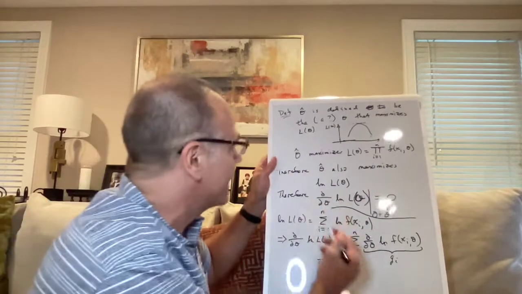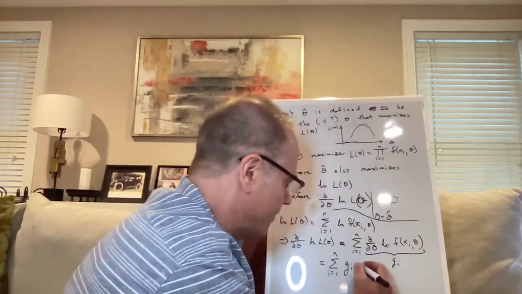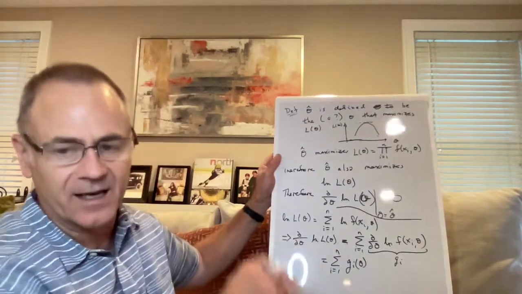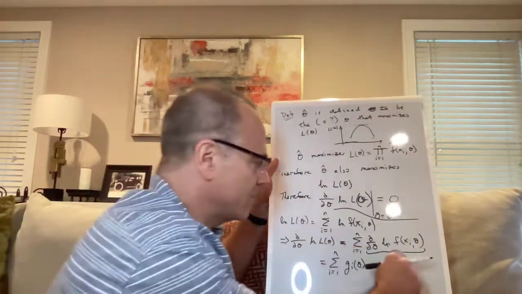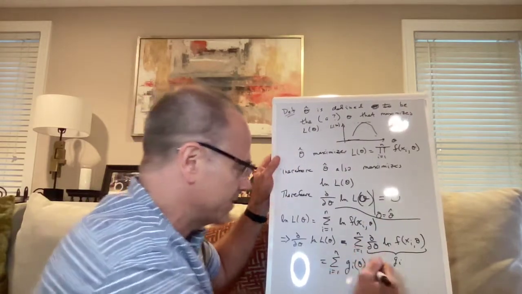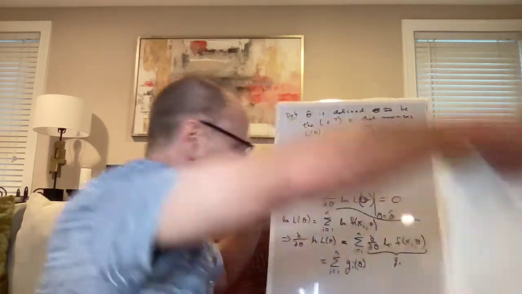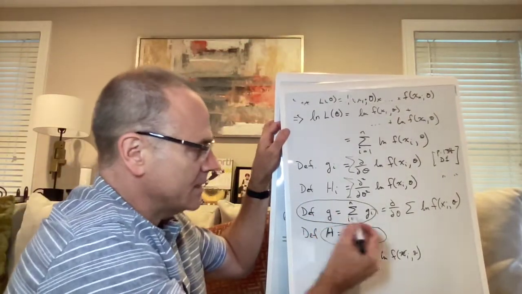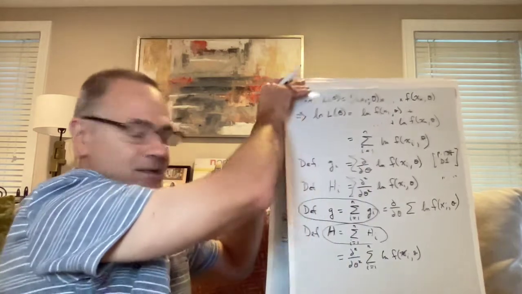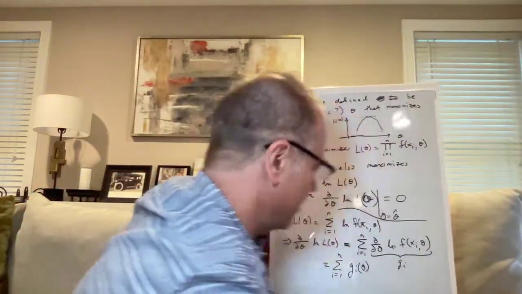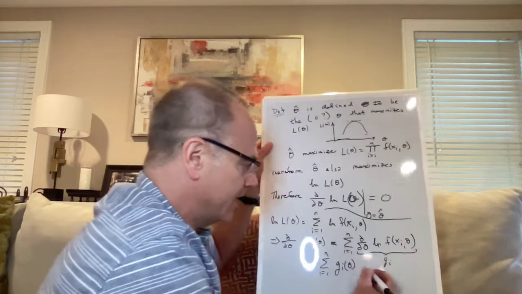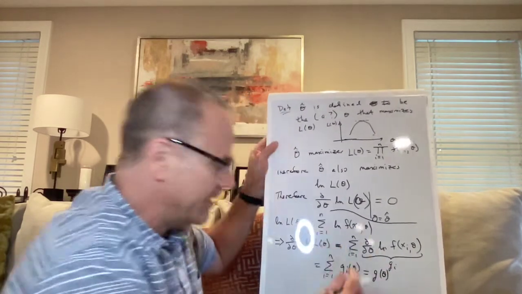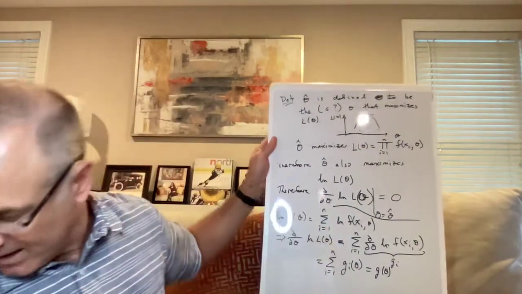By the way, g_i turns out to be a function of theta, so I'm going to write that explicitly: g_i as a function of theta. We defined g as the sum of all the g_i's, so I'm going to call it g of theta now.